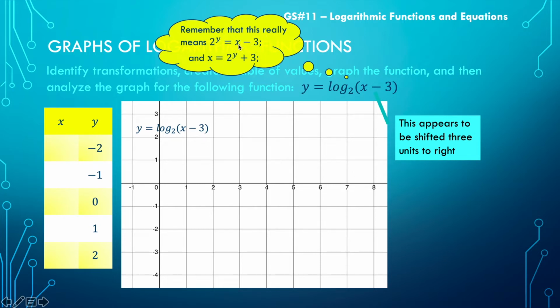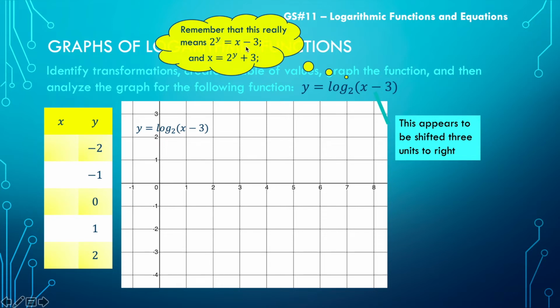Then I can just solve for x and say that x equals 2 to the y plus 3. So instead of putting values in our x column, we're going to put them in our y column and then evaluate the x column.